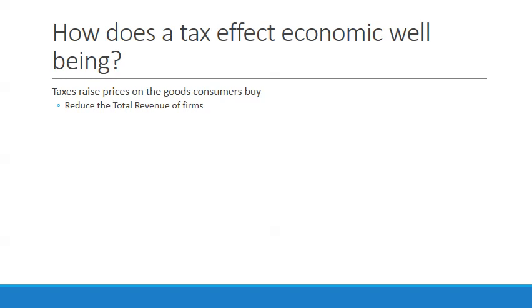Now, we've seen this already because in the last two examples, this is exactly what we saw. They must absorb the cost of the deadweight loss as well. So ultimately, the producers are getting hit twice by taxes. Once because it's dropping the firm's total revenue by reducing quantity sold, but at the same time, it's creating the deadweight loss that they're losing a portion of that income, of that total revenue.